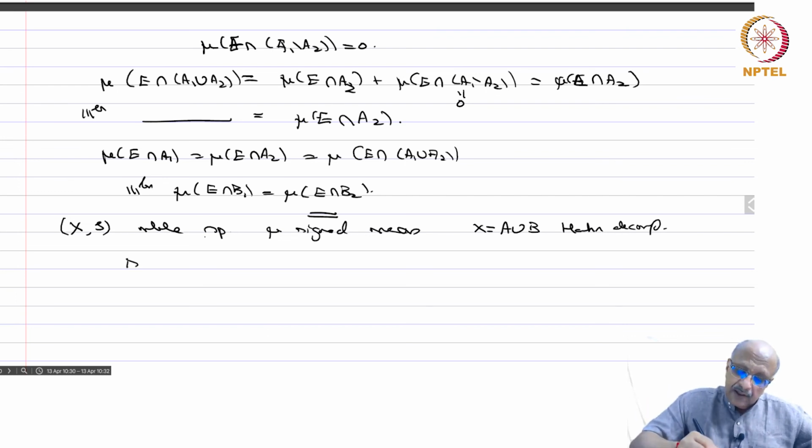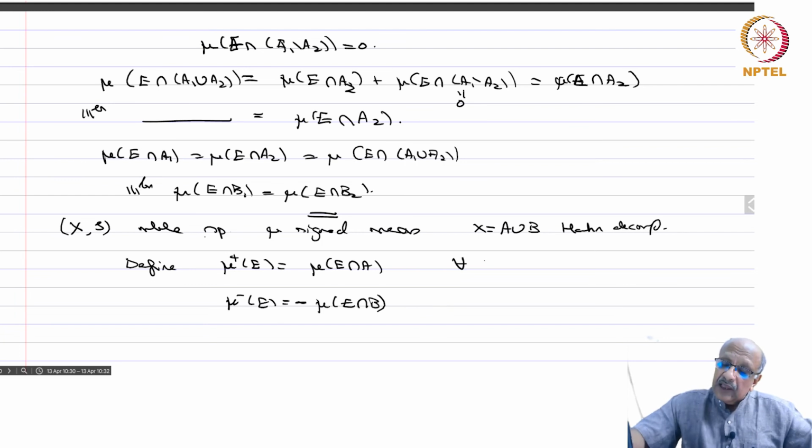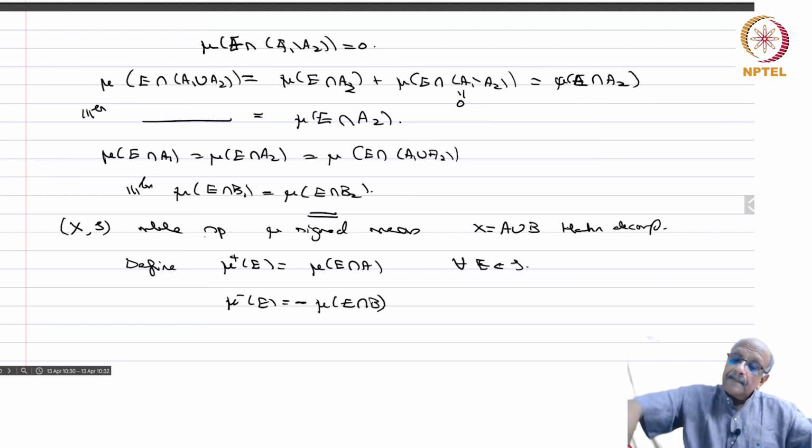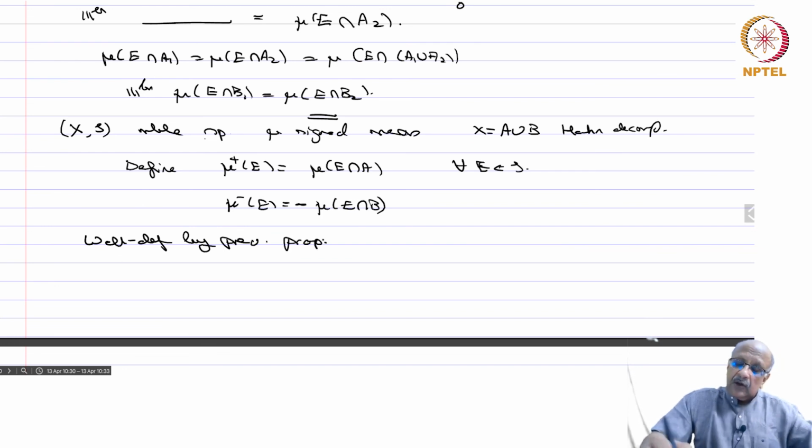Then define mu plus of E equals mu of E intersection A, and mu minus of E equals mu of E intersection B with a minus sign, for every E in S. So this is well defined by the previous proposition. It doesn't depend on the Hahn decomposition. Whatever Hahn decomposition you take, these numbers will not change.